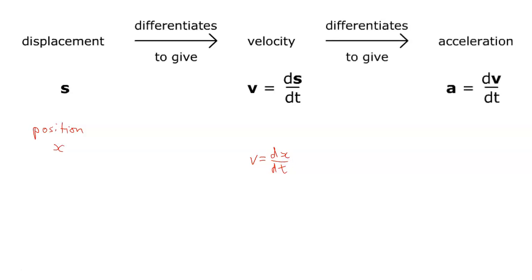So a equals dv by dt. You might see this. I'm not going to explain it now. You will see this idea of a double derivative at later points in the course, so don't worry about it too much for now.